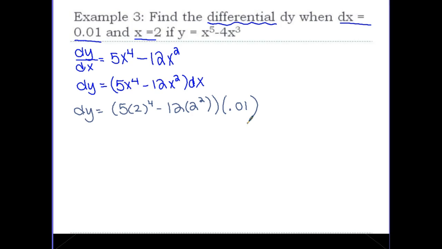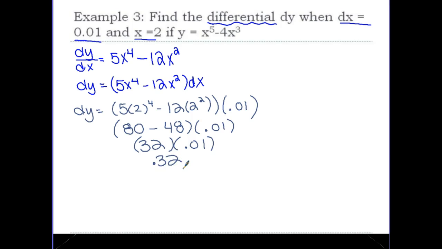So 2 to the fourth is 16. 16 times 5 is 80. 2 squared is 4, times 12 is 48. 80 minus 48 is 32, times 0.01 is 0.32.